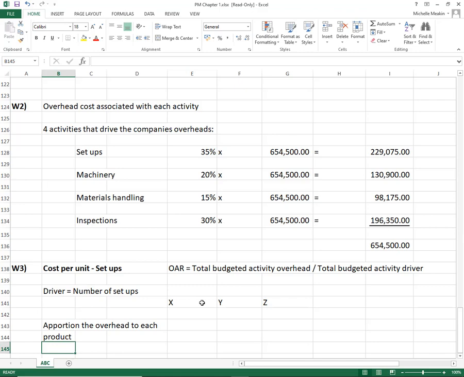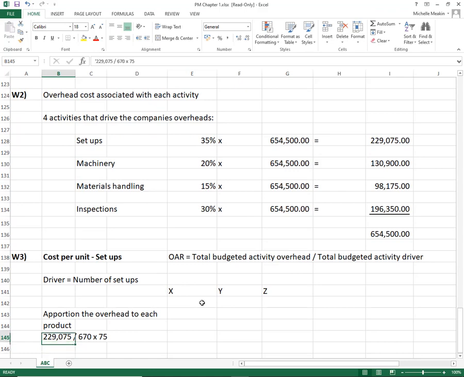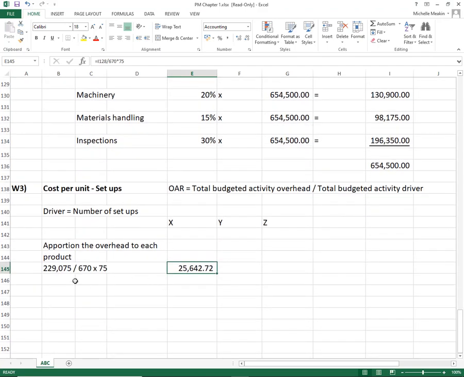So my total overhead for setups is 229,075. I am going to divide that by the total number of setups the business uses. So from the information provided, that is 670, and I'm going to apply 75 of that to product X. So 25,642, so about 72.